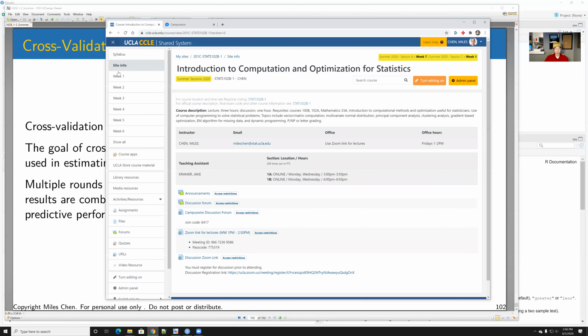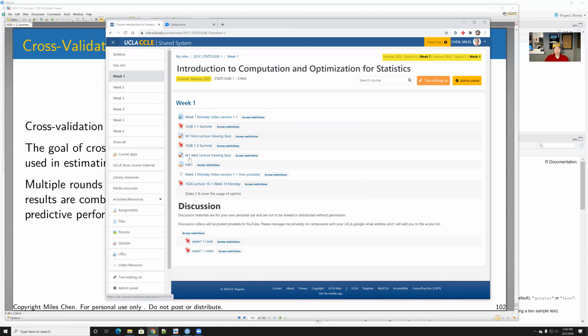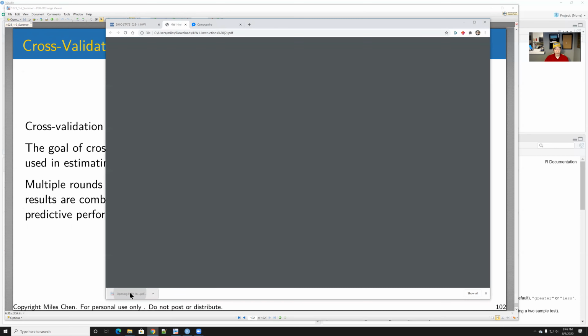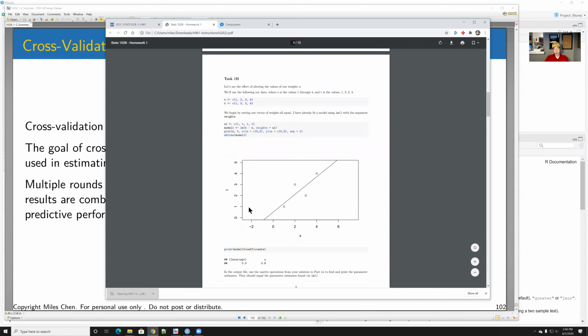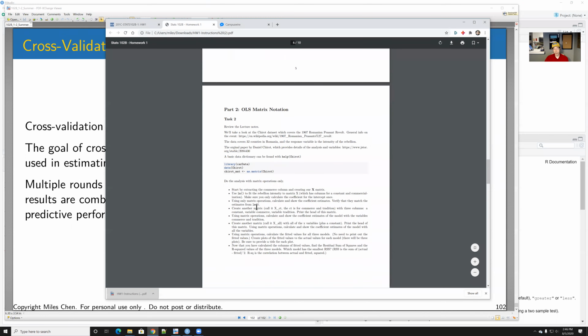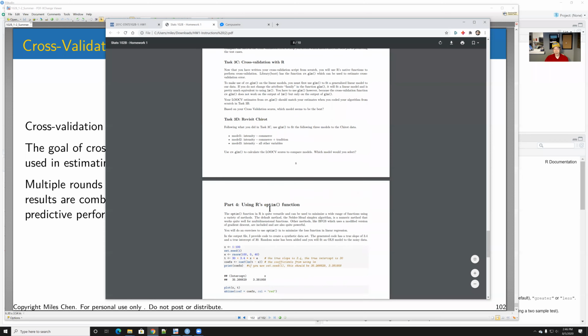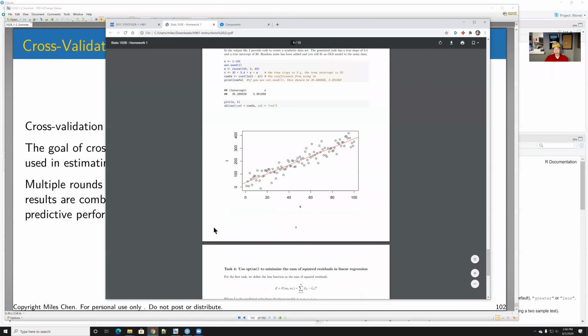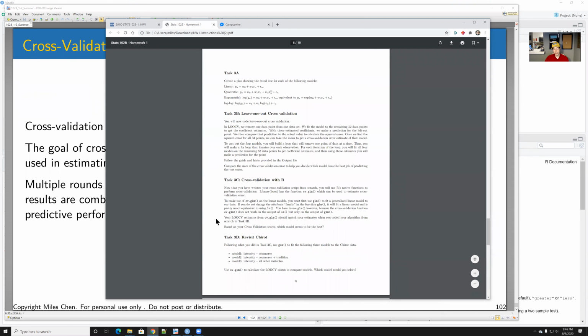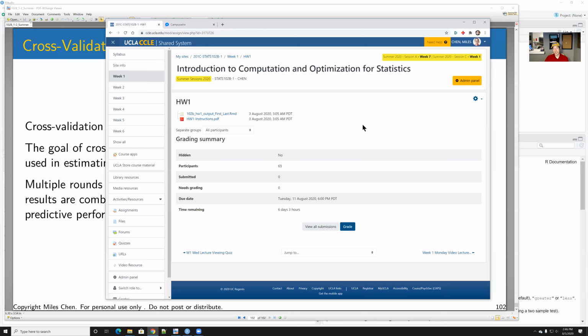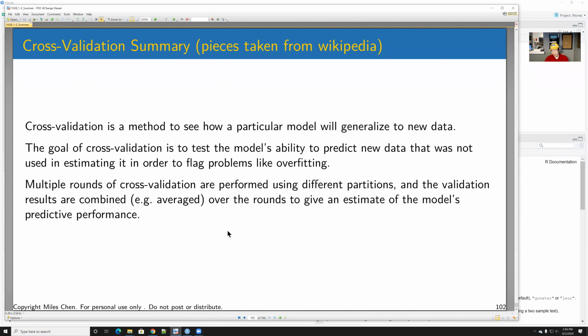As far as your homework goes, you will be doing a little bit of cross-validation yourself, and I've walked you through a lot of it here. There are lots of instructions in there, and I apologize for being so verbose, but I'm hoping it will be a good learning experience for you as you work through it.